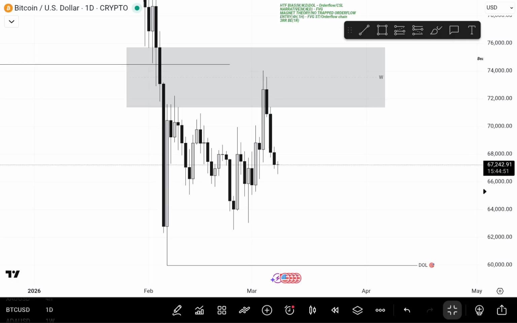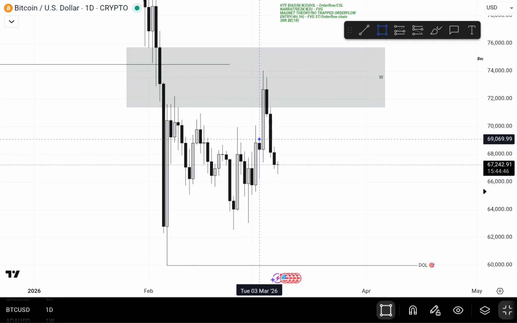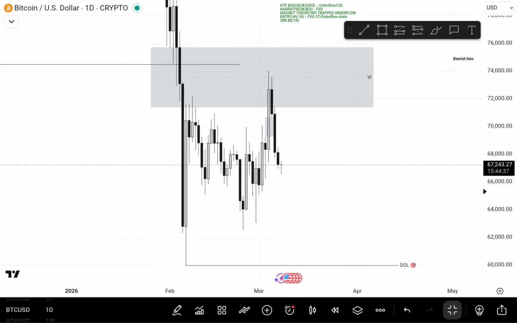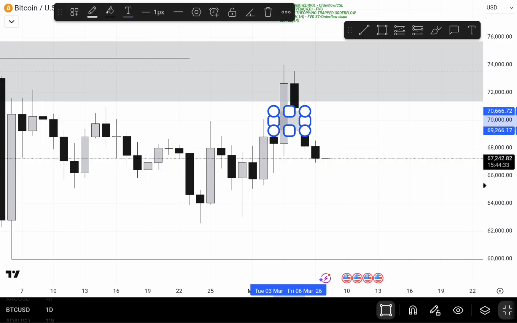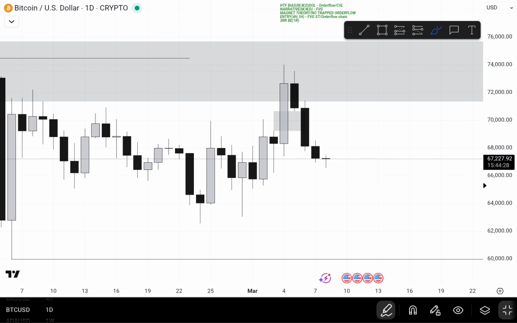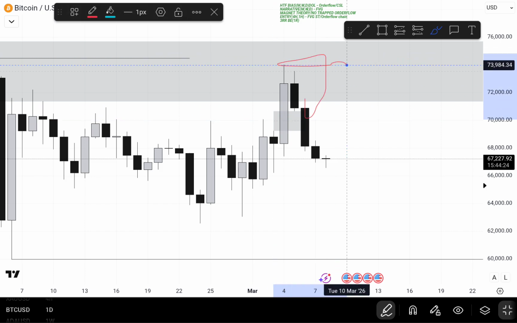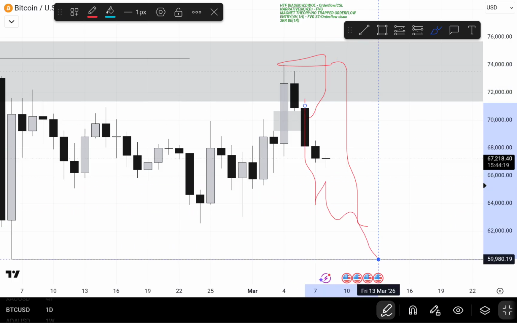When price tapped into this monthly level, we had this daily opposing bullish fair value gap. This is what we call trapped order flow. So I just wanted to see price do one of two things: either come into this daily fair value gap, sweep this level and then start moving lower, or disrespect it and keep on moving lower.